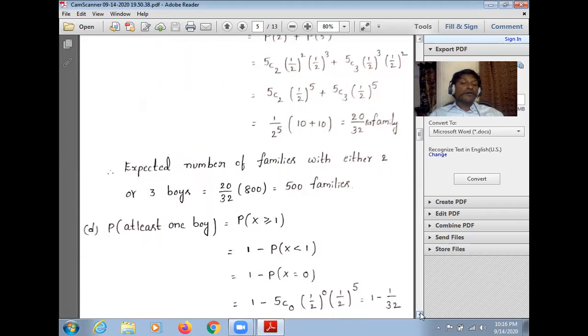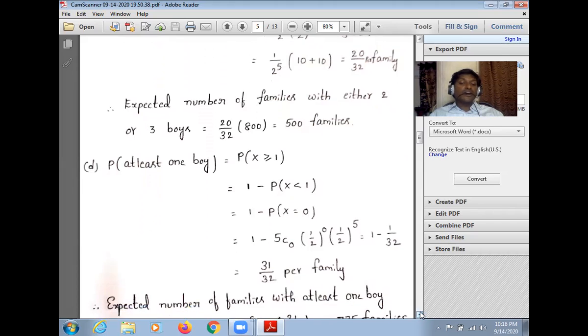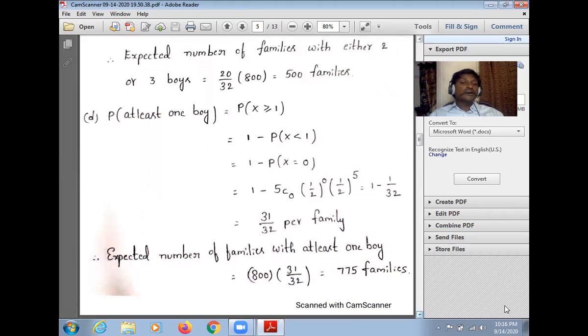at least one boy. At least one boy is nothing but P of x greater than or equal to 1. By using the fact that the sum of all the probabilities is equal to 1, we simply write it as 1 minus P of x less than 1.